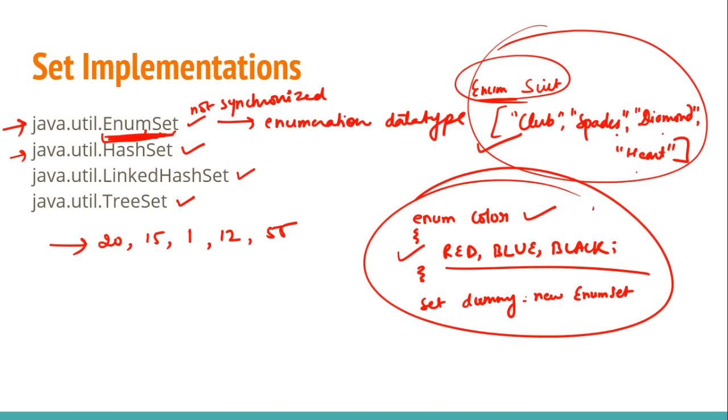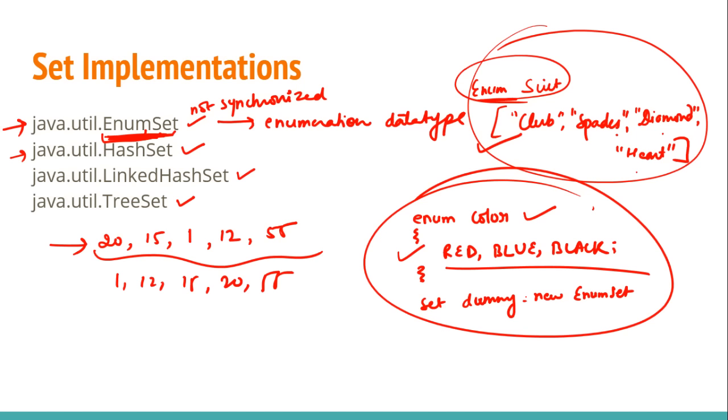But when you iterate through the hash set, let's say you write a while loop to iterate through the elements of your hash set, the order in which you get the output from your iterator can be different from this. You might get 1, 12, 15, 20 and 55. That is the main point of a hash set class.